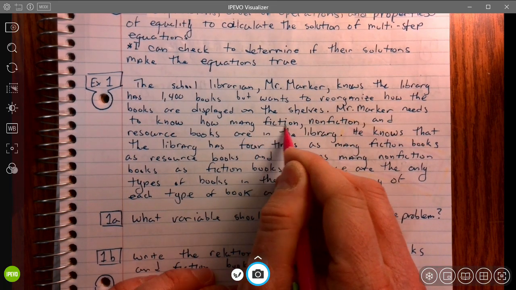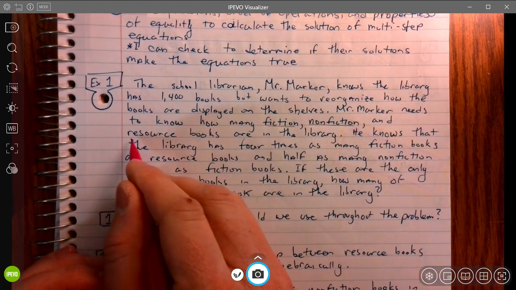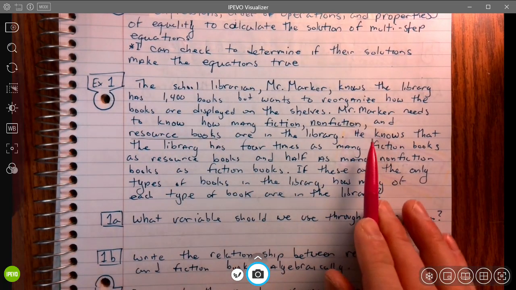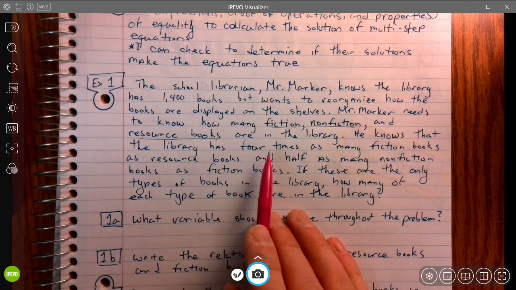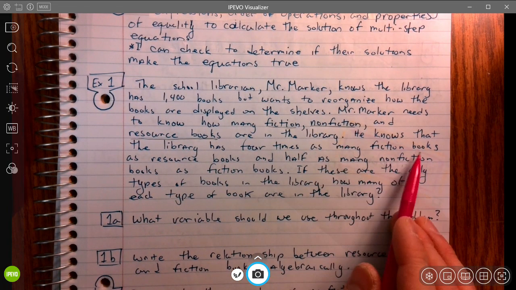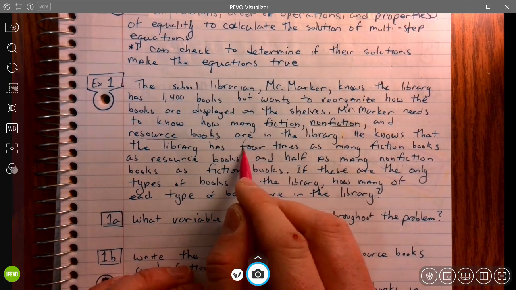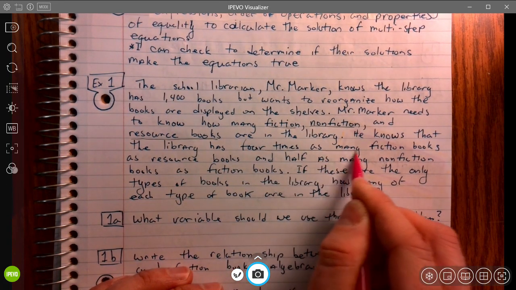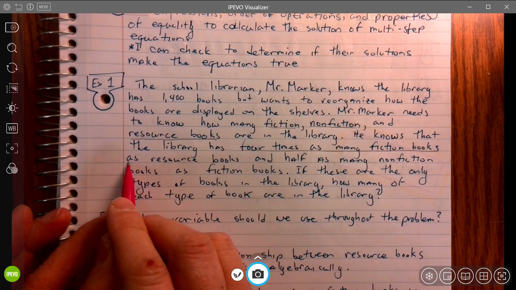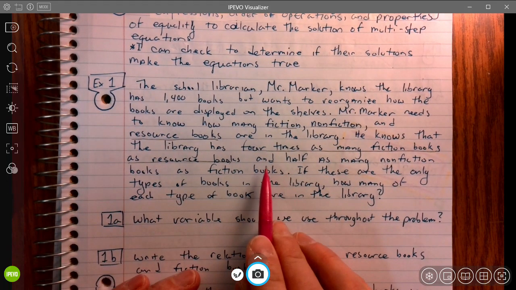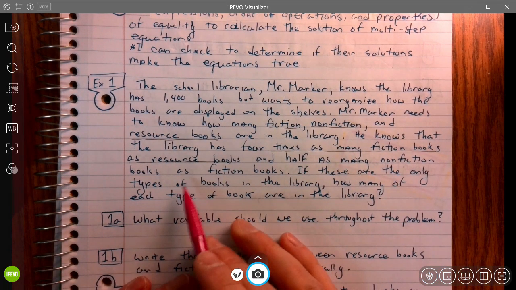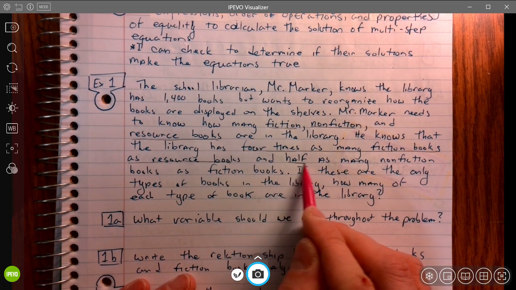So we have 3 different types of books. He knows that the library has 4 times as many fiction books as resource books. And half as many nonfiction books as fiction books.